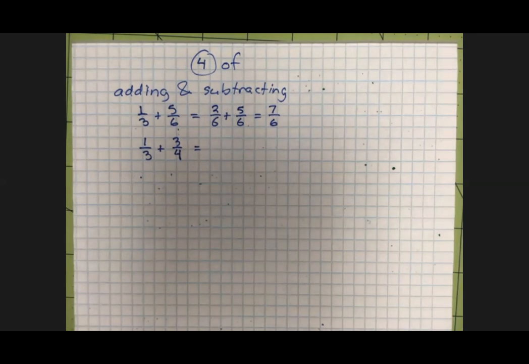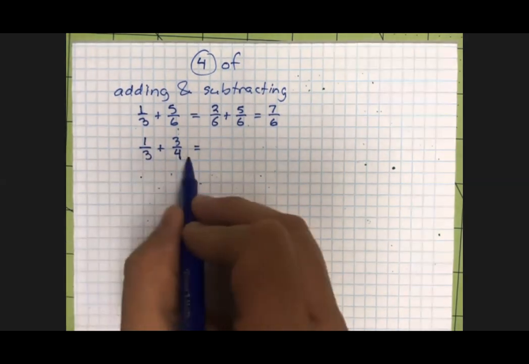Here's 1/3 plus 3/4. You might immediately see the common denominator here. That's why you think it's easier than it is. Maybe you say, okay, 3 times 4, 12.